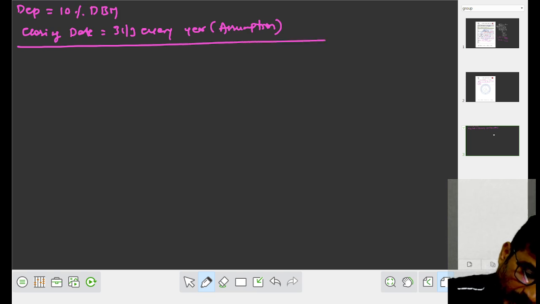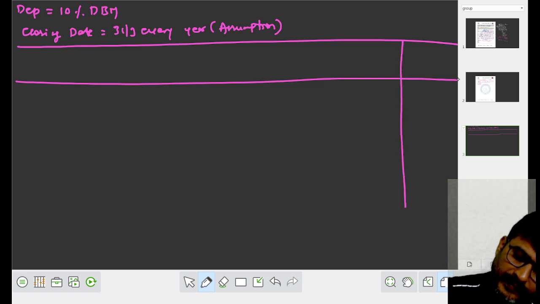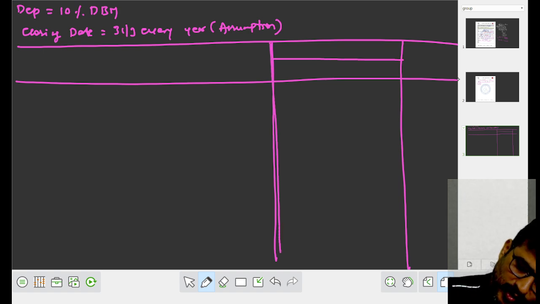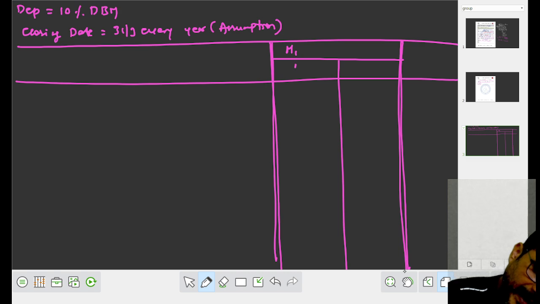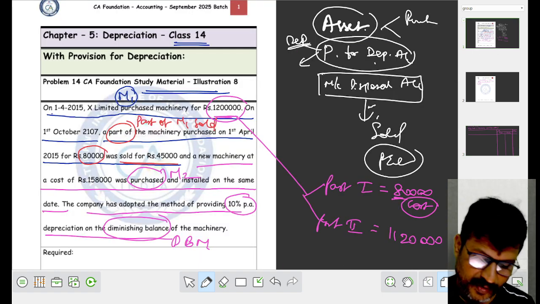How many machines do we have? 2 machines. Machine 1 is to be divided into 2 parts, part 1 and part 2. Here, machine 2.